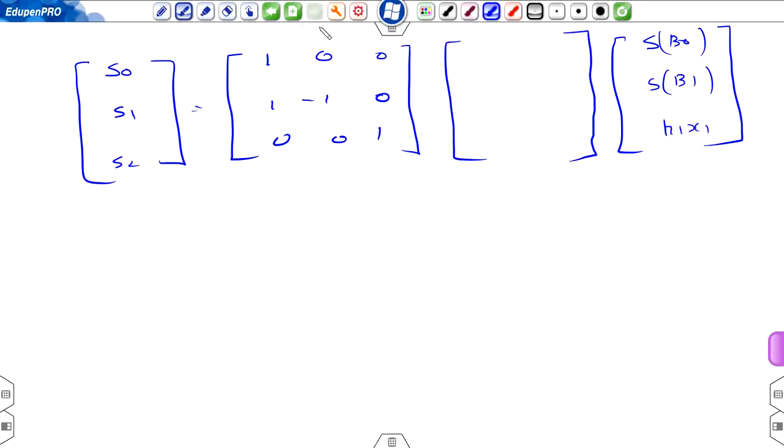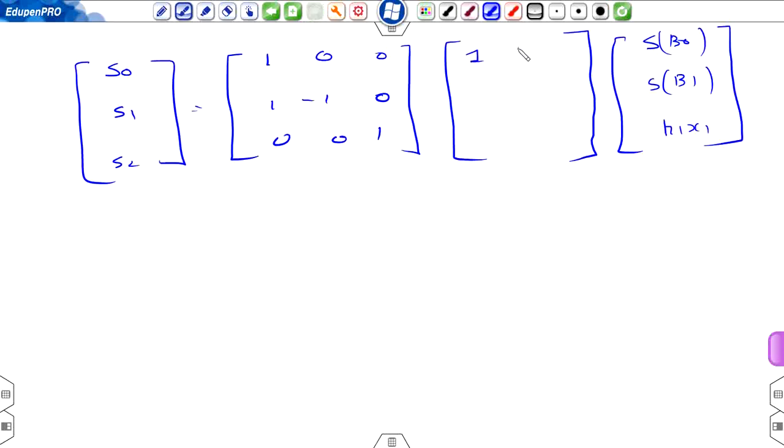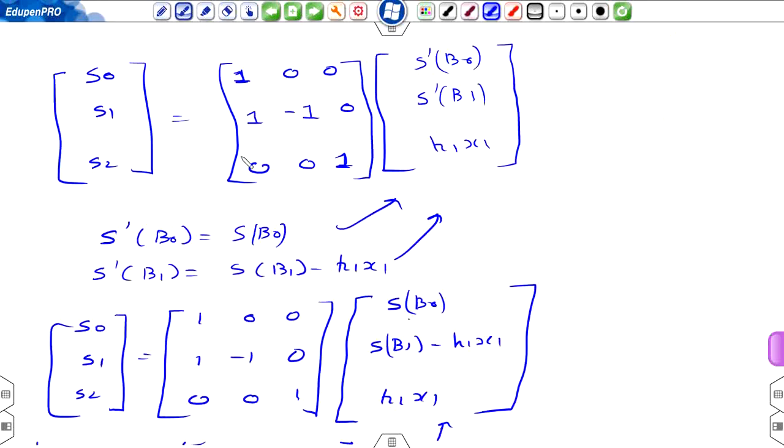For S of beta 0 in the first row, the values are 1, 0 and 0. This is a 3 cross 1 matrix, and this will be a 3 cross 3 matrix. The second row consists of 0, 1 and minus 1, so 0 into S of beta 0 is 0, and 1 into S of beta 1 minus H1 x1 is S of beta 1 minus H1 x1.